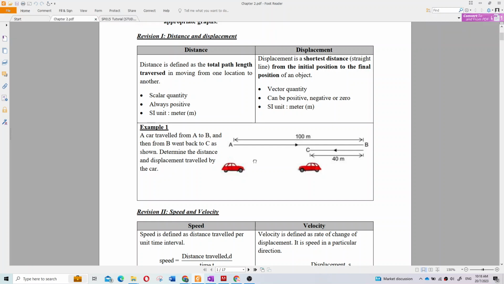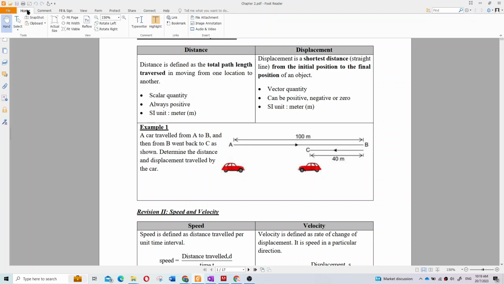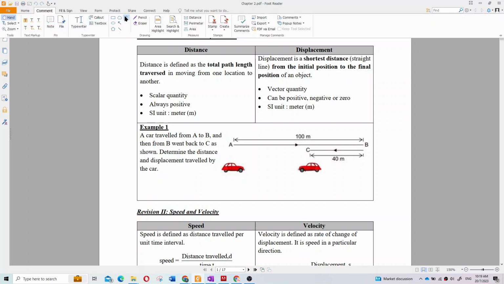A car traveled from A to B and then from B went back to C as shown. Determine the distance and displacement traveled by the car. So, how much is the distance, class? It moved from A to B and then B to C. What is the distance? The scalar quantity. What is the total path? 140 meters.